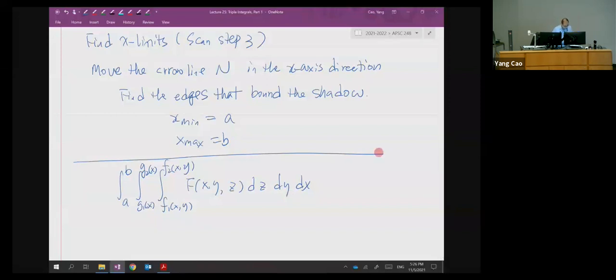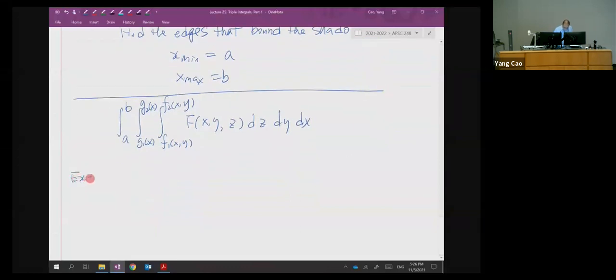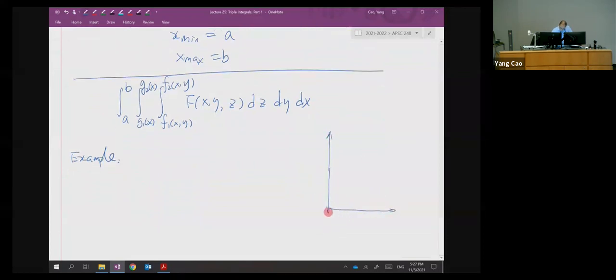Okay, so let's take a look at a simple example here. Look at a simpler region D. This is a surface, a plane: x plus y plus z equal to 1.